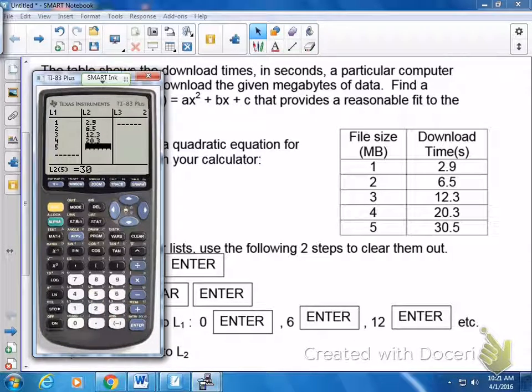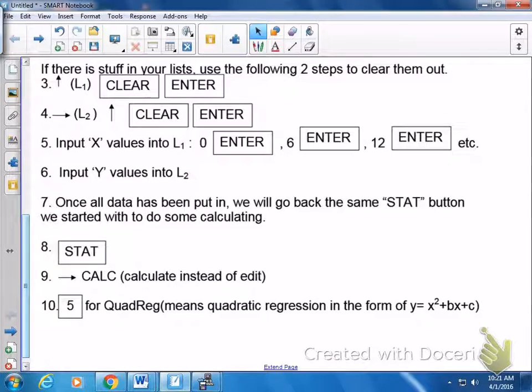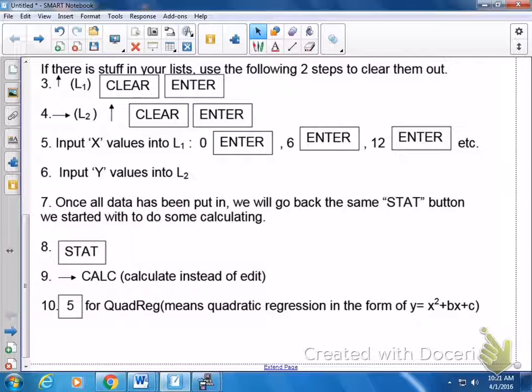And 30.5, enter. I'm going to double check, make sure I have them in right, and it looks like I do. Now if we move down our page here, we just did numbers 5 and 6. We put our x values into L1 and our y values into L2.